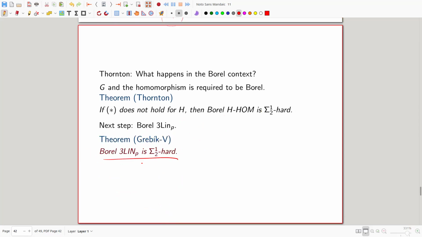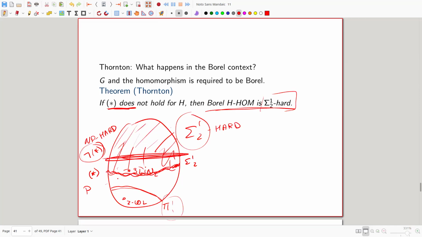The formal statement, of course, is that this Borel 3-coloring is a sigma 1 2 hard problem. And then of course the question is where is the dividing line in the Borel context? Maybe the adulthood dream was that actually it's going to be the so-called bounded width.